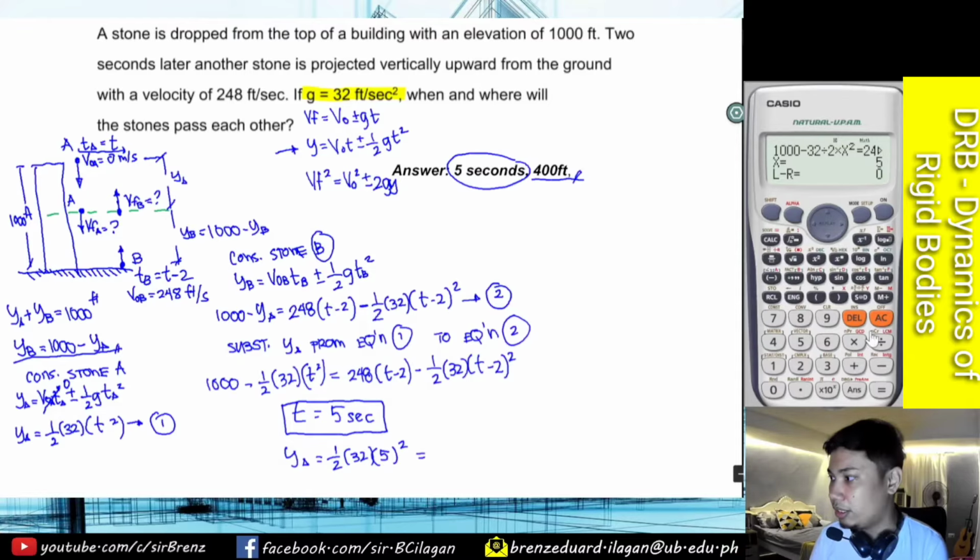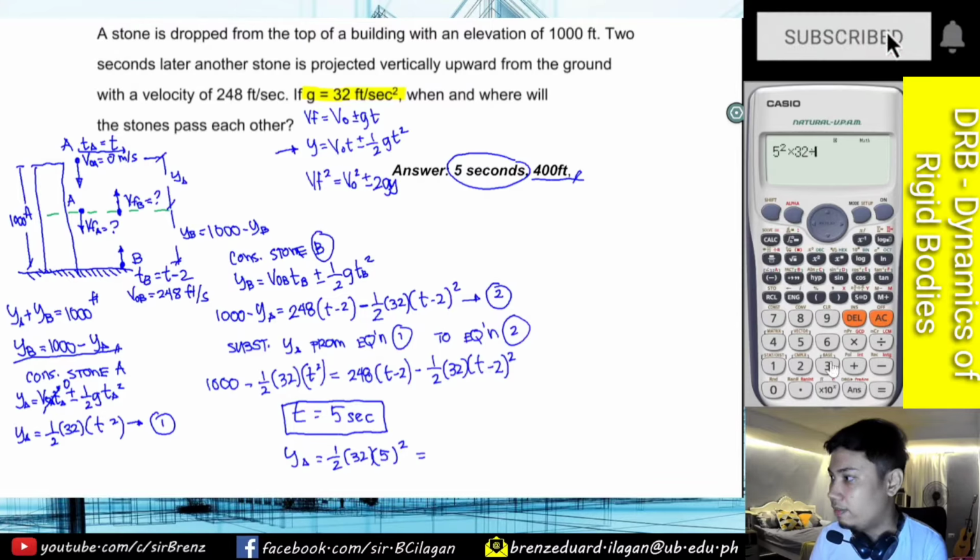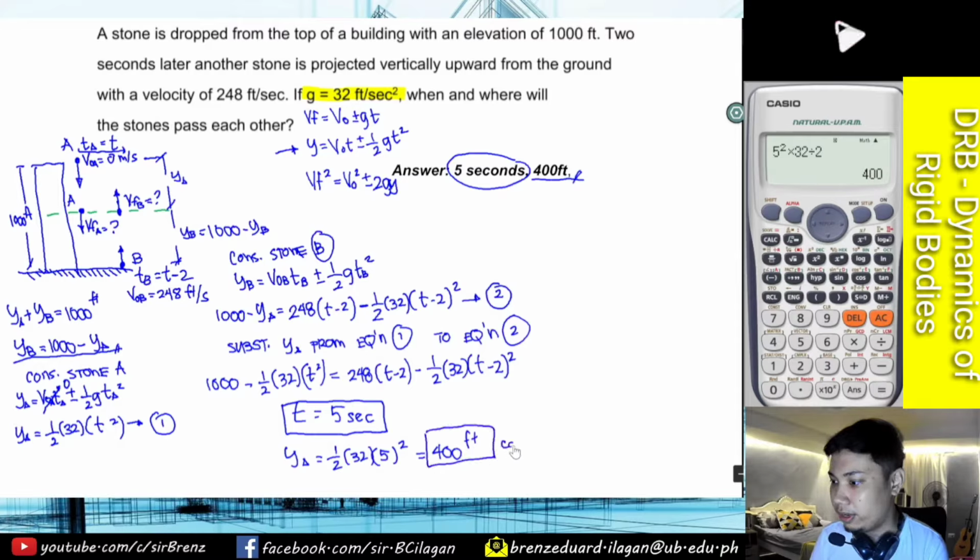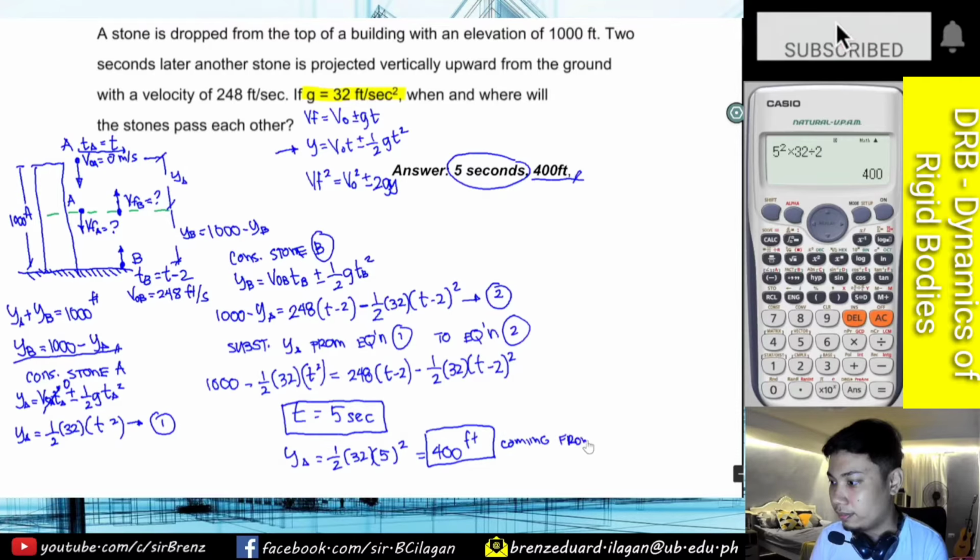So using the calculator, so 5 squared times 32 and then divided by 2. Ayan. So yun, 400. Nakuha natin yung location niya. So just to make this complete, so coming from top of the building.